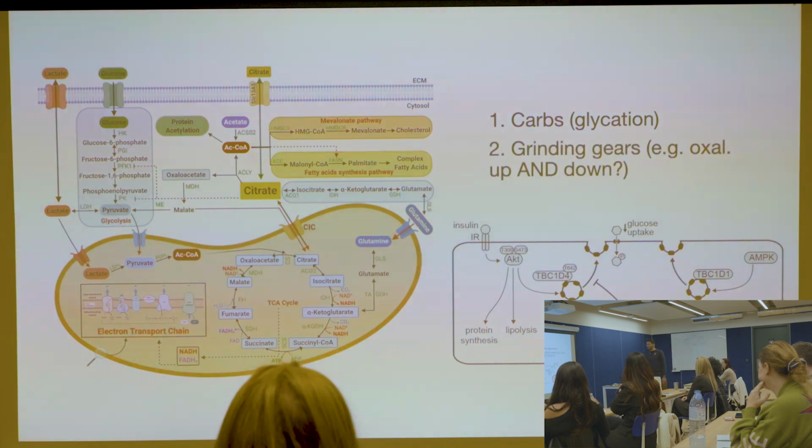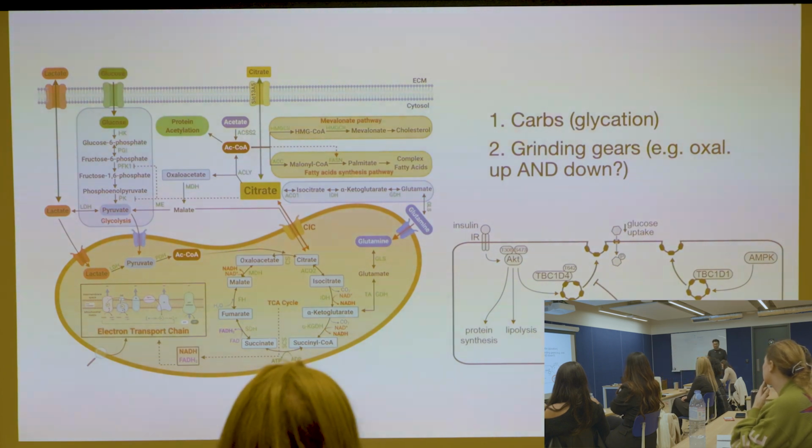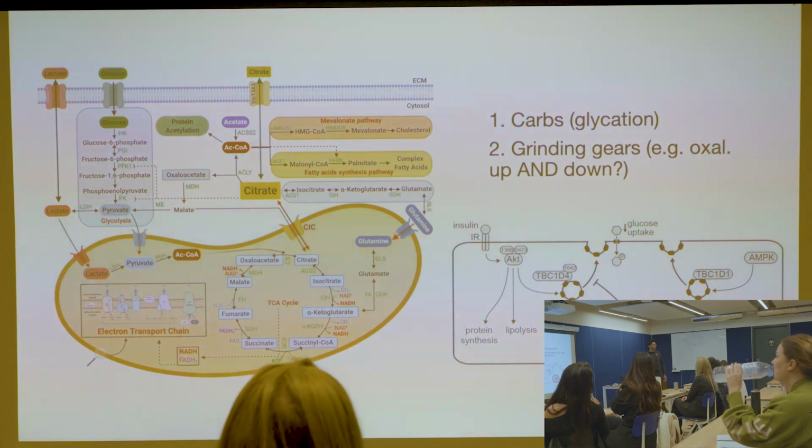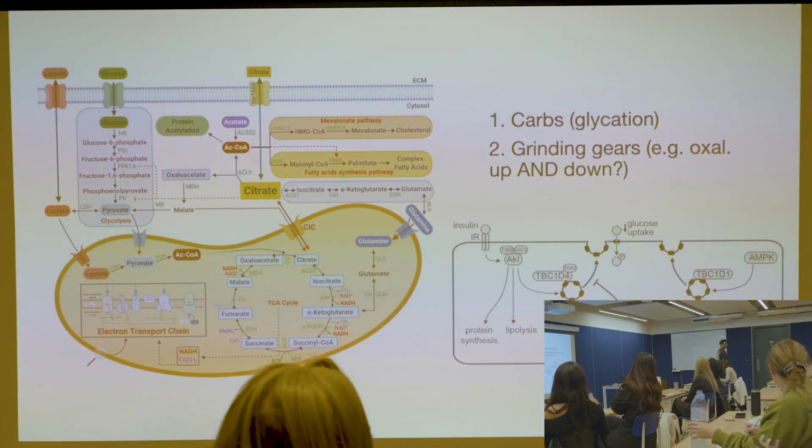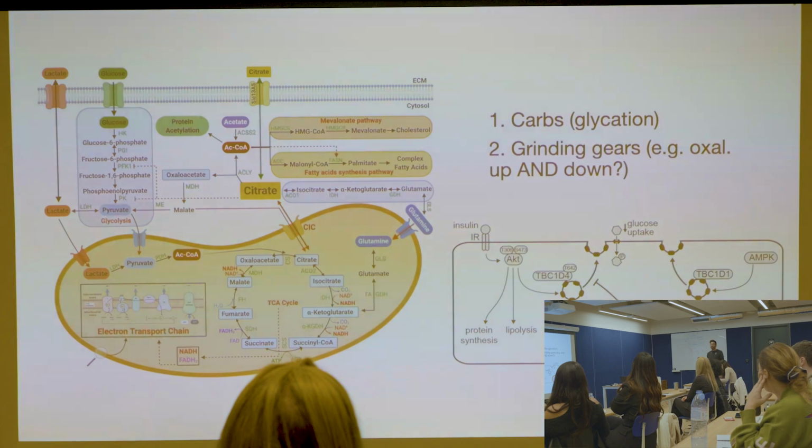Hence why it protects itself. What happens when you try and go down both sides at the same time? The glycolysis pathway and the fatty acid beta-oxidation. You're going to have a lot of problems, basically, in layman terms.